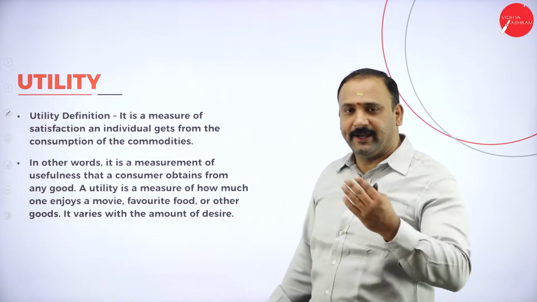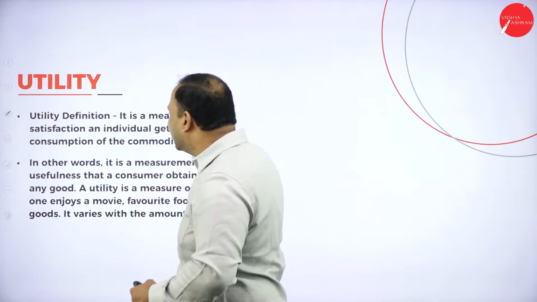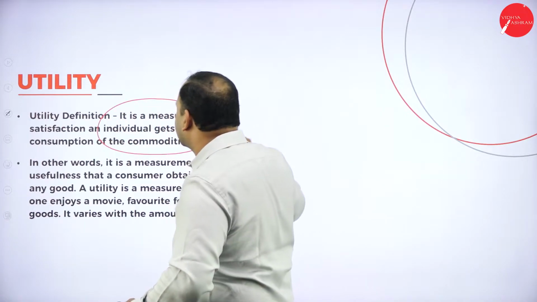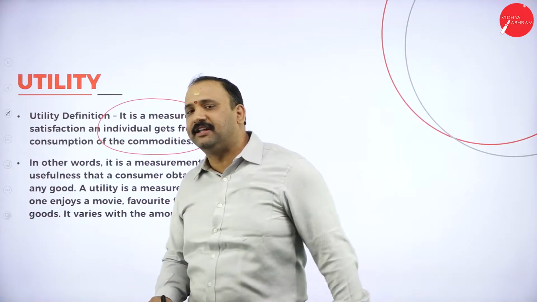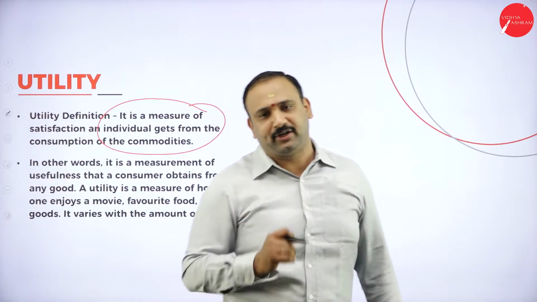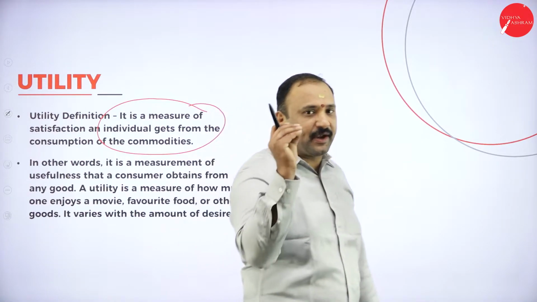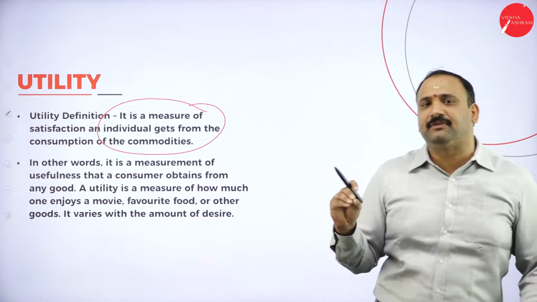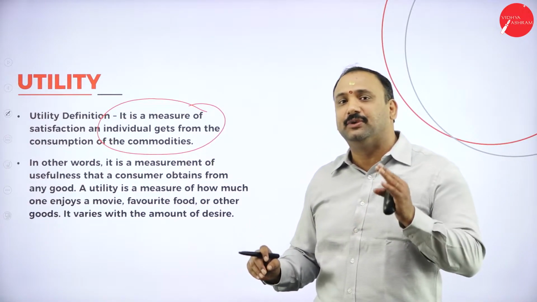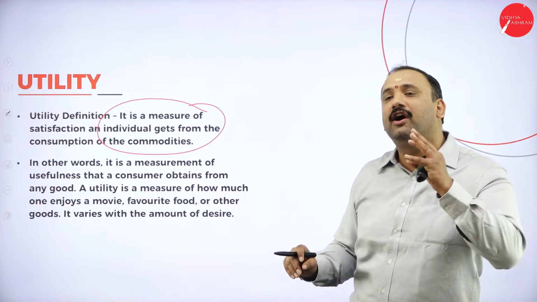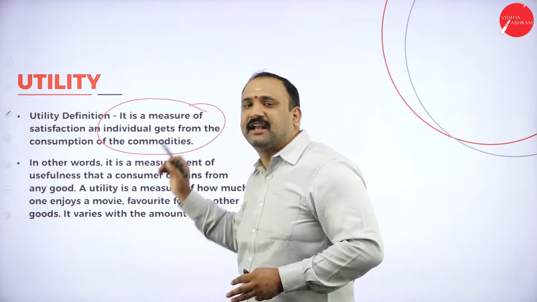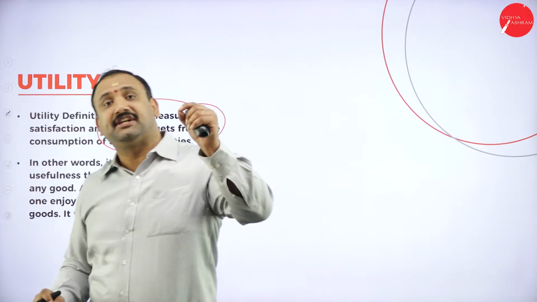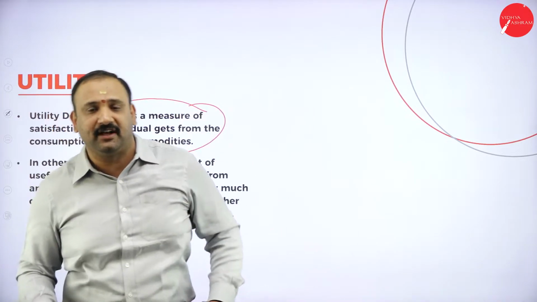Moving ahead, the utility definition: it is a measure of satisfaction that an individual gets by the consumption of a product or commodity. Utility is not just something where you buy and you sell. Utility is about the want satisfying capacity. So it will measure the satisfaction of the customer.